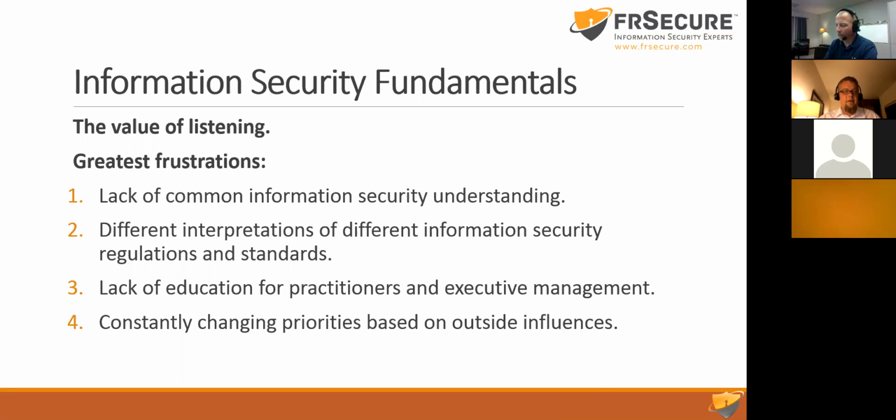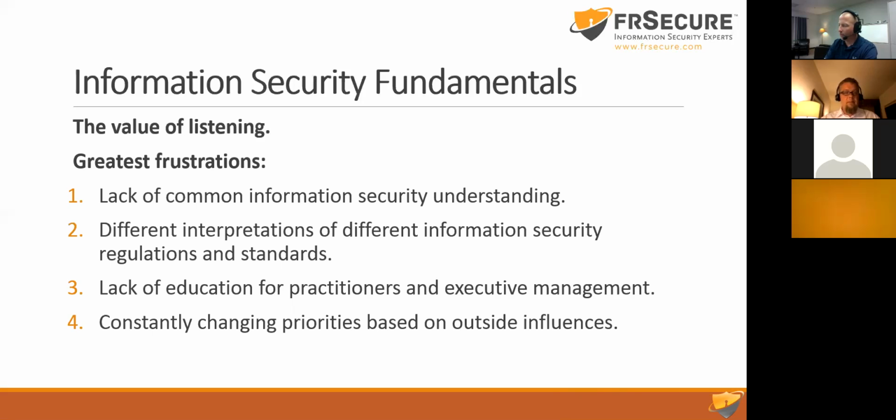It's kind of fun. Next: different interpretations of different information security regulations and standards. We're a very regulated industry, very compliance driven. When people don't really know what to do, they have a tendency to not do anything until they're told what to do. So that's kind of what we have in a lot of parts of our industry. Big regulations and standards that we use, reference, get beat over the head with.